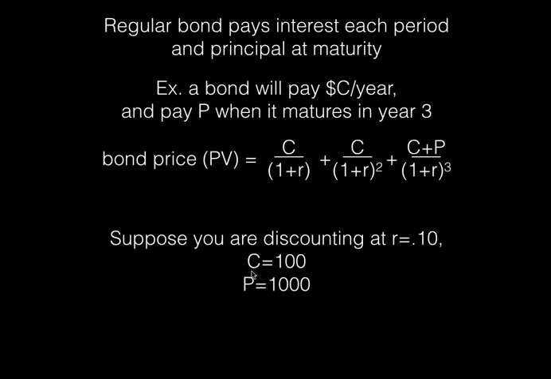And I'm assuming that this coupon payment is $100, and the principal payment is $1,000 at the end of this bond. It might be that the coupon is listed as 10% of this value, which is the same as saying it's $100, because the coupon payment is not going to change. It's just some fixed dollar amount that you're going to be earning per year.